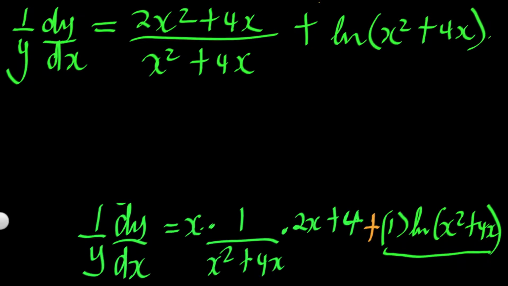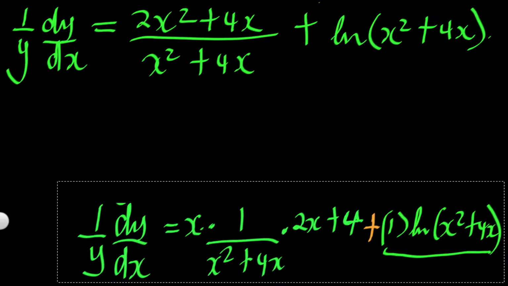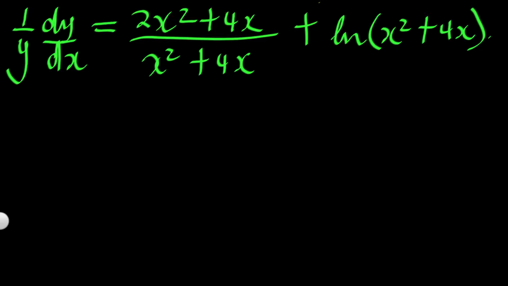We are almost done. Now we have to make dy dx the subject of the formula, which means we have to multiply by y on both sides. Okay, let me clear this part now. We don't need it anymore. We may simplify this part here because it can be simplified. We can factor out x in the numerator and cancel out. We can do that, but not really important.